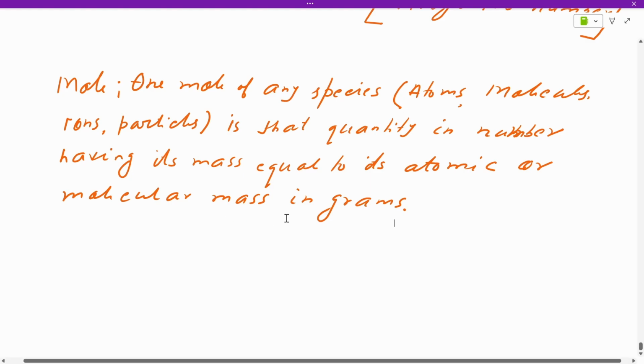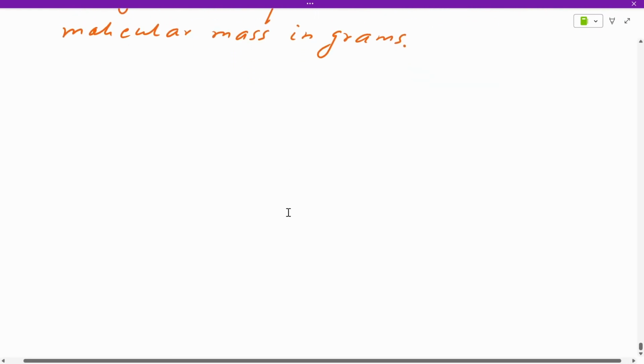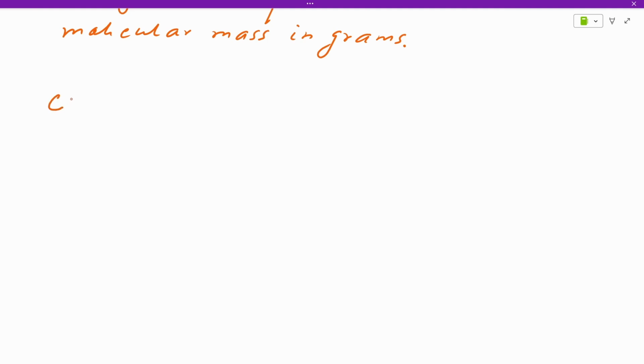How to calculate the number of moles? Calculation of number of moles.